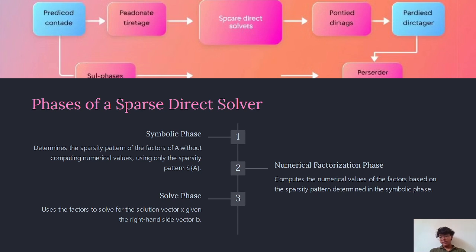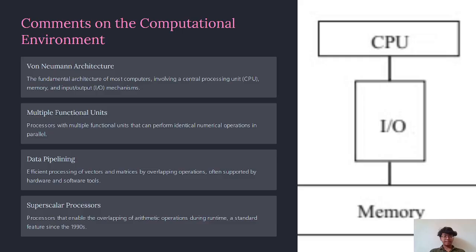And the second one, numerical factorization phase, computes the numerical values of the factors based on sparsity pattern determined in the symbolic phase. Third one, the solve phase, uses the factors to solve the solution vector x given the right hand side vector b.